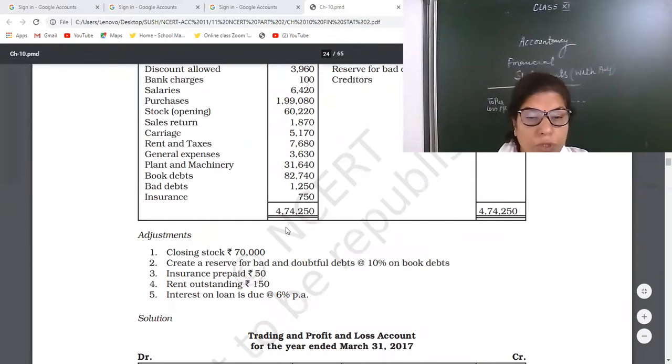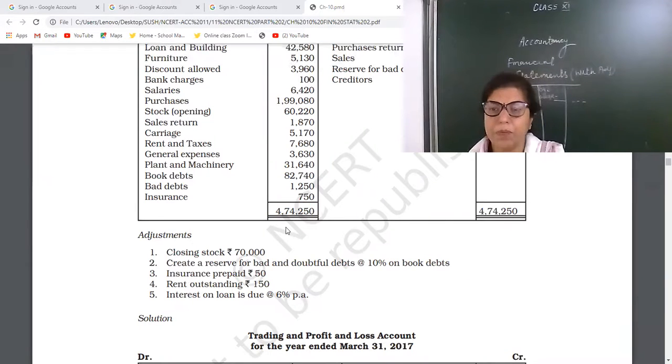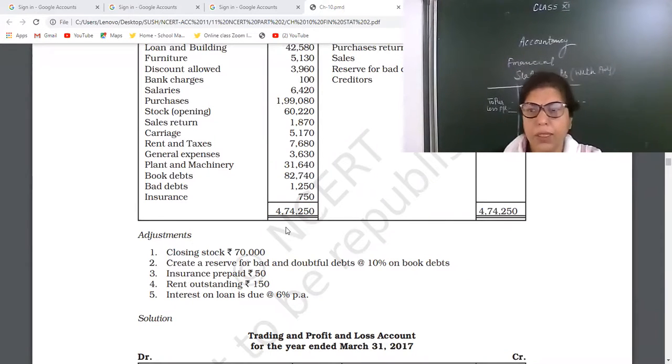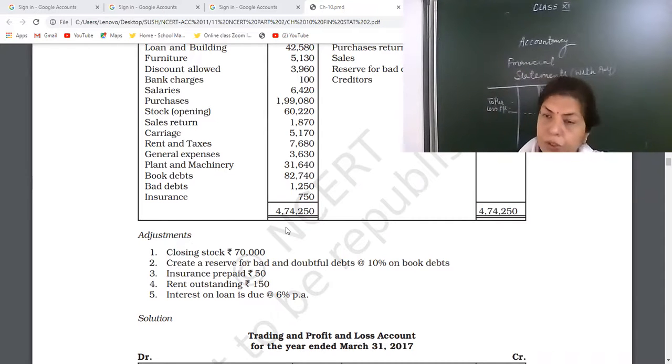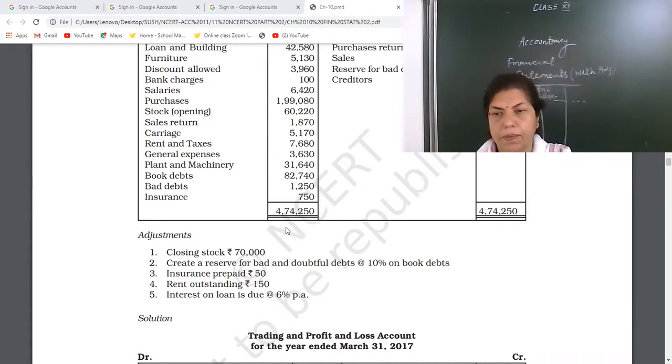Now come on to the adjustments. This is a new thing for you. Adjustments. Closing stock. Yes, where to show closing stock? Two places. One is trading account debit side and another is asset side of balance sheet.